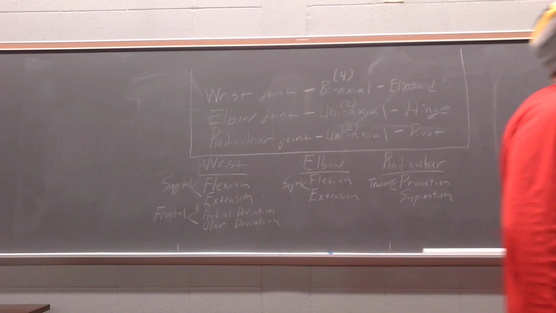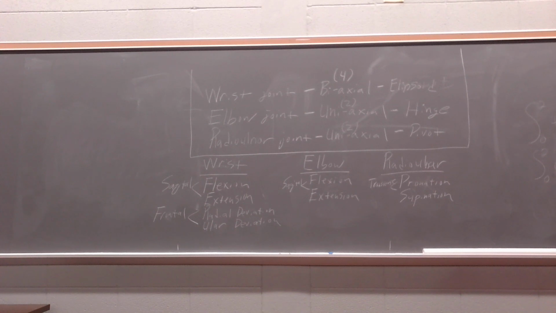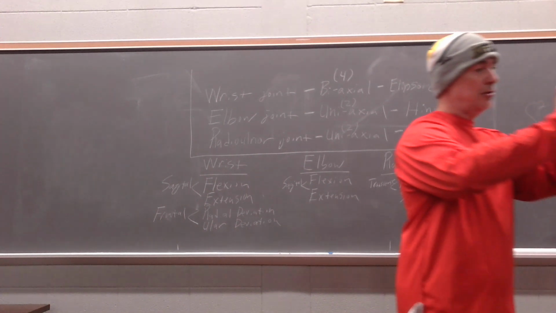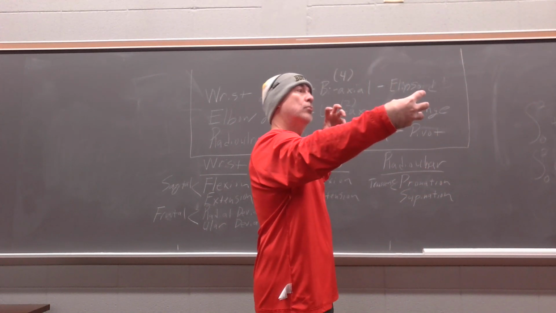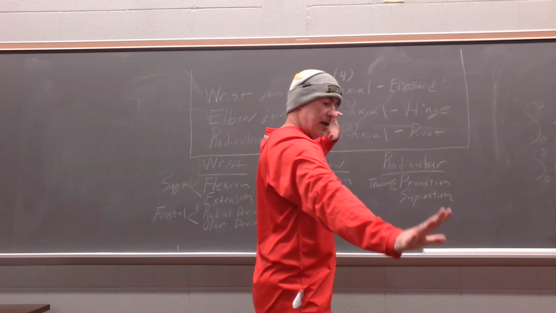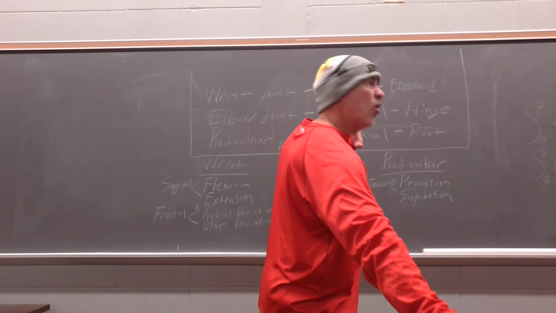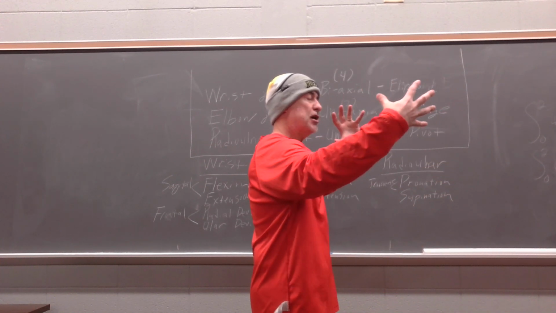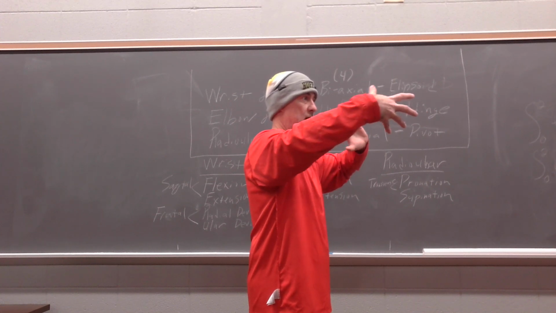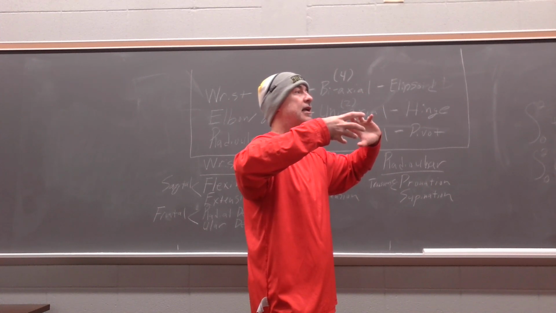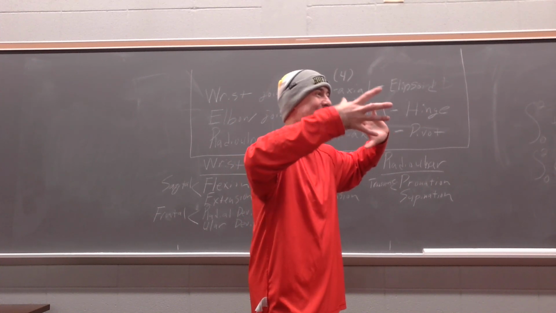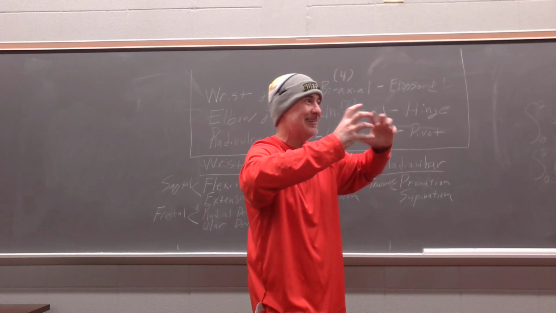Yes, sir. Is that why spiral fractures are common in the radius and ulna? Spiral fractures are common in the radius and ulna for a couple of reasons. One is they're long bones. And when we land on our arm, we usually have compression and torsion happening. It's like opening up a can of biscuits: you compress it and you twist it.